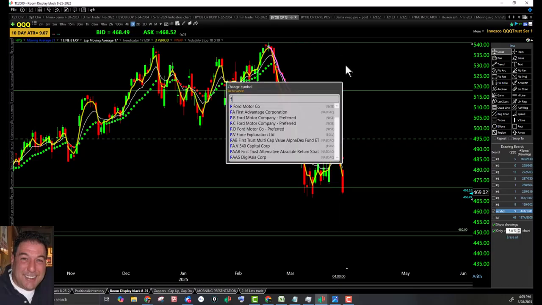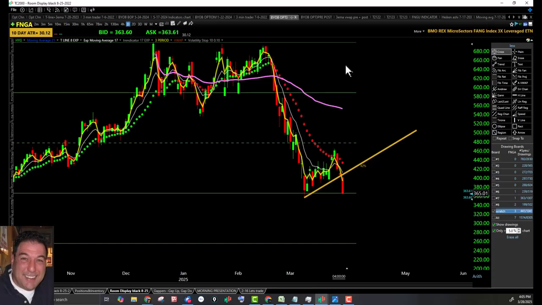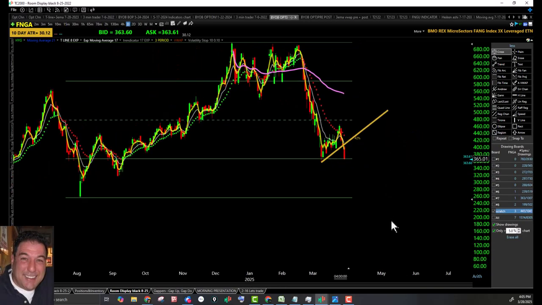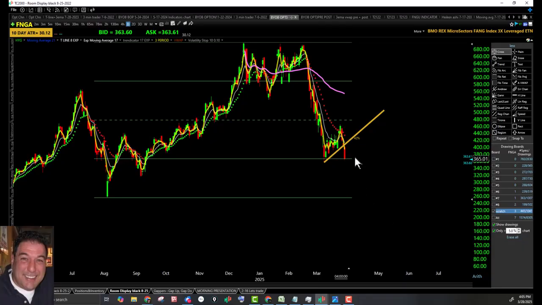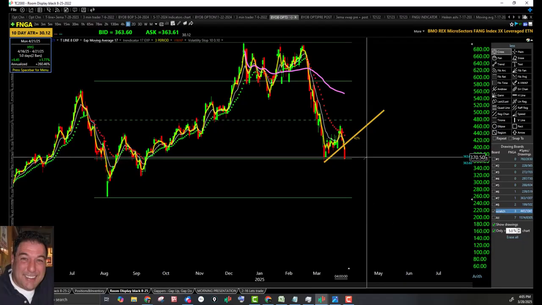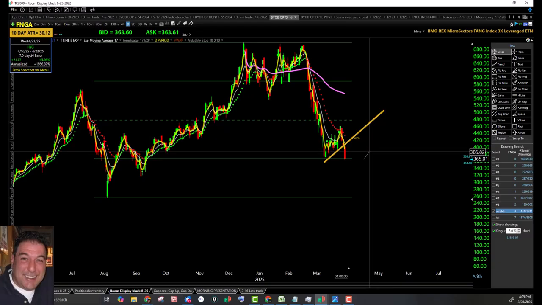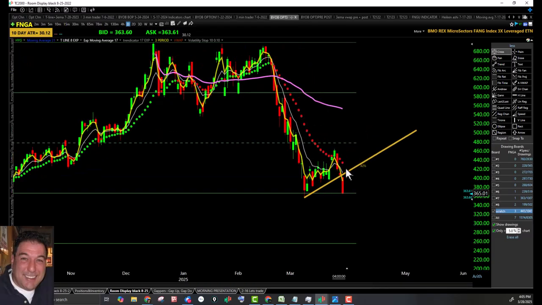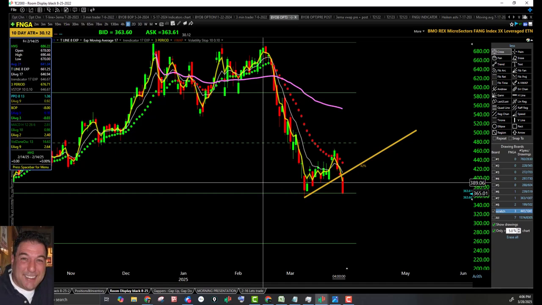Let's take a look at FNGA. FNGA, same deal. Breaking the downtrend line or spiking it. All right. Down here in quadrant 3 in the lower third, that's bearish. Everybody got a lower high and a lower low, closed under trap, closing under all-time high anchored VWAPs, and all of them closed underneath the 17 EMA.